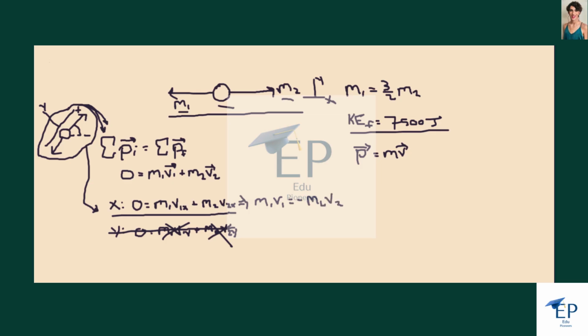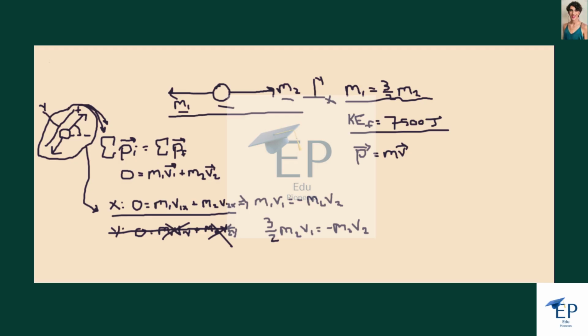But we know up above, given in the problem, that m1 is equal to 3/2 m2. So we can say this is really just 3/2 m2 times the velocity of the first particle. That must be equal to negative m2 times the velocity of the second particle.